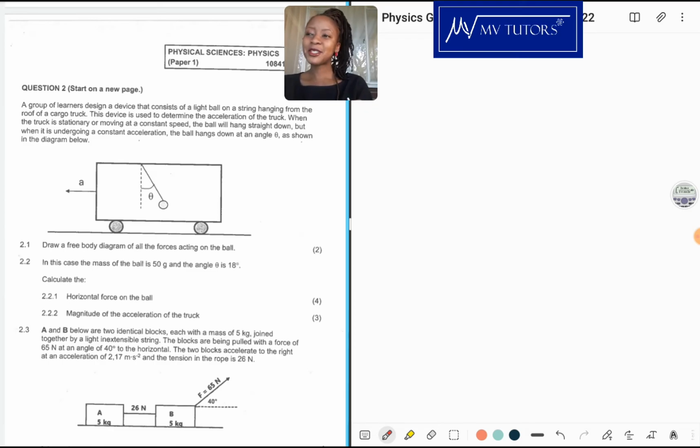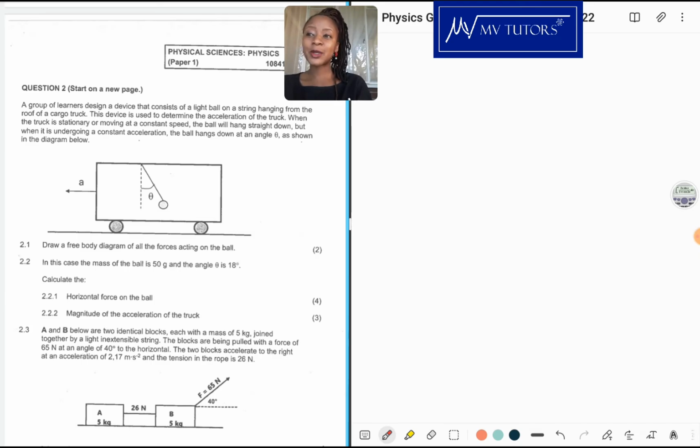So, question 2. A group of learners design a device that consists of a light ball on a string hanging from the roof of a cargo truck. The device is used to determine the acceleration of the truck. When the truck is stationary or moving at a constant speed, the ball will hang straight down.